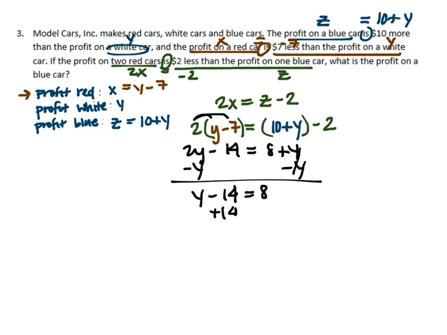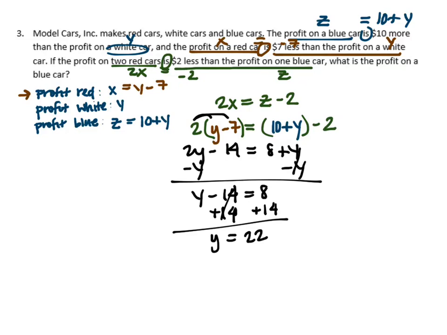And that doesn't quite seem right because I would get a negative value for that. Oh, no, I wouldn't, because I'm adding 14 to both sides. Good. I thought I was subtracting for a moment. This would give me y is equal to 22. So that would be the cost, or rather the profit. We're working with profit. The profit for the white car is equal to $22.